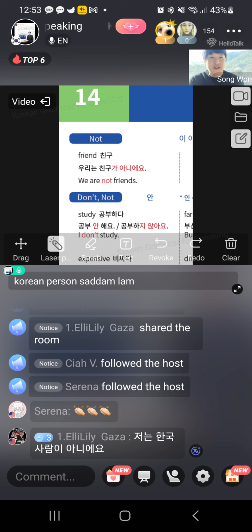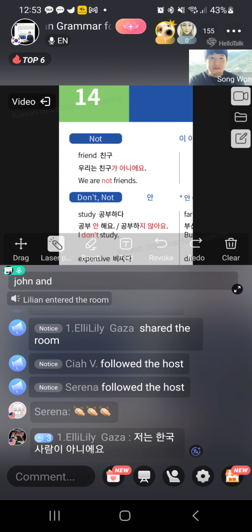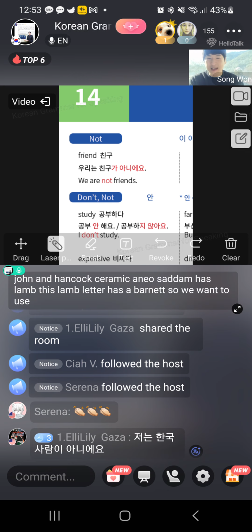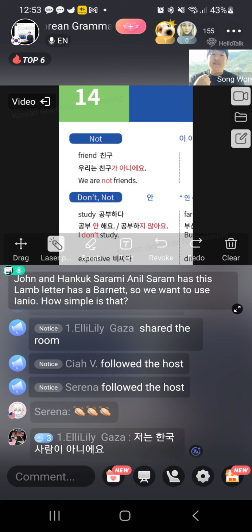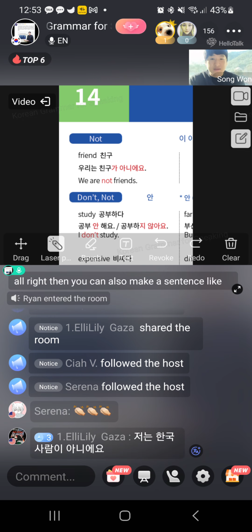There is this other sound, right? Perfect, Ellie. 저는 한국 사람이 아니에요. 사람 has a bottom letter on this 람 letter, so we want to use 이 아니에요. How simple is that?